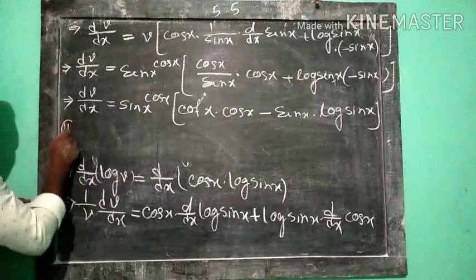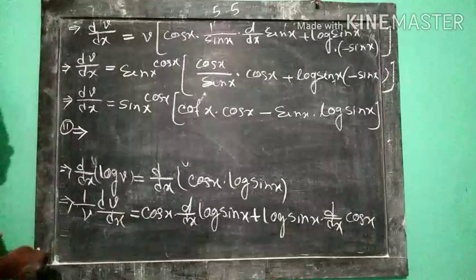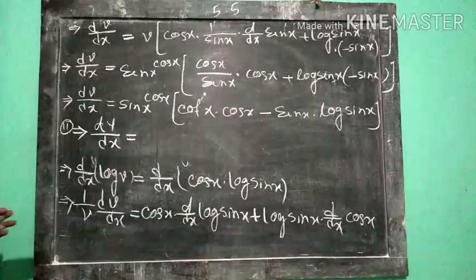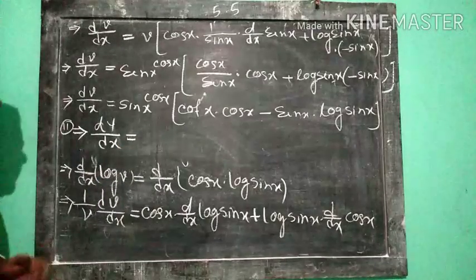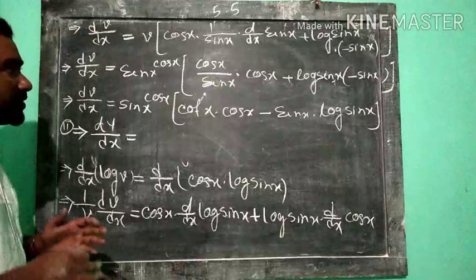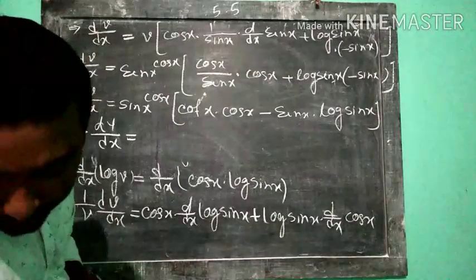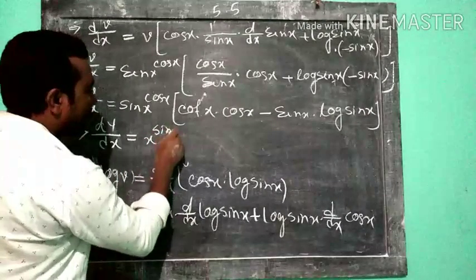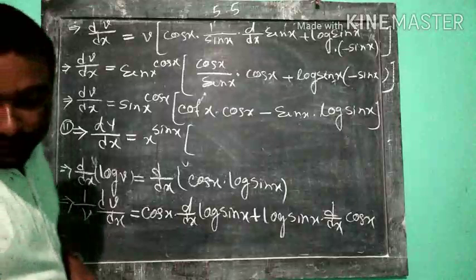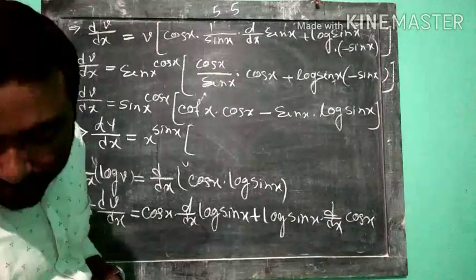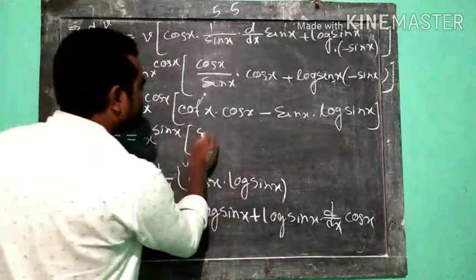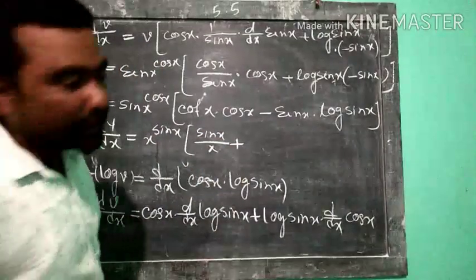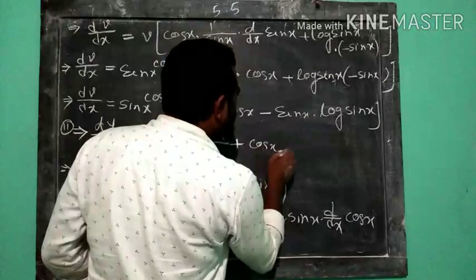Now equation 2 implies, what is equation 2? Equation 2 is dy/dx equal to du/dx plus dv/dx. So du/dx, what is du/dx? We know the value of du/dx. So du/dx is x to the power sin x whole into sin x by x plus cos x into log x.